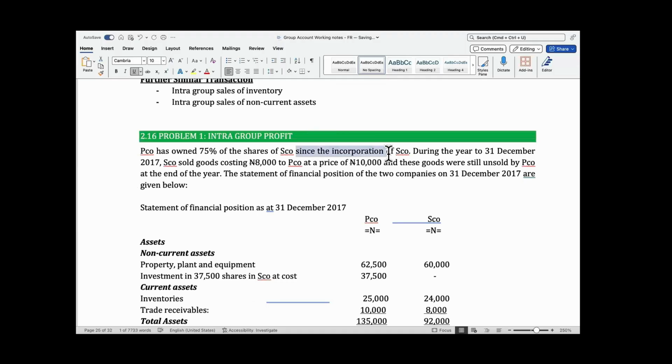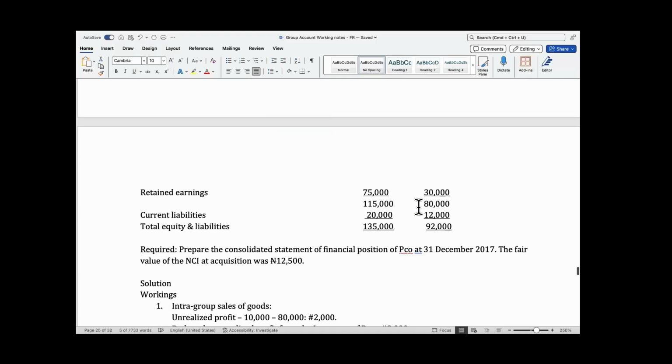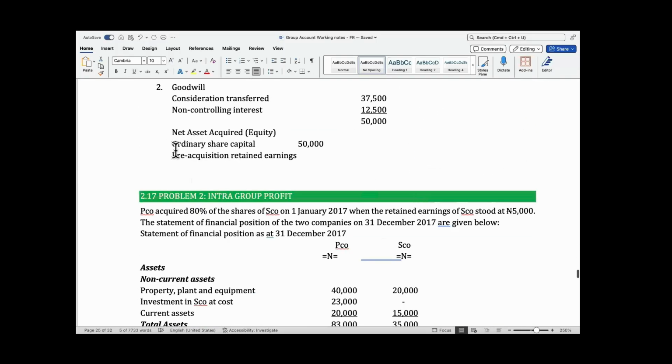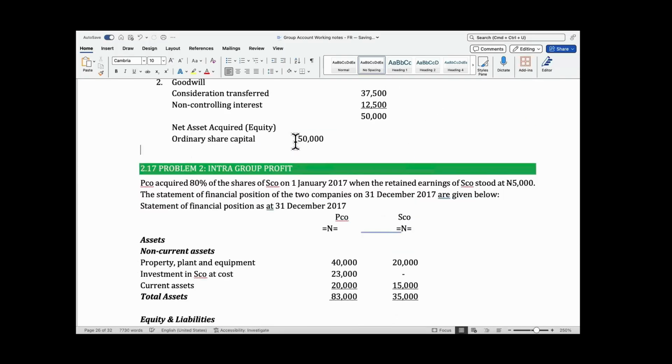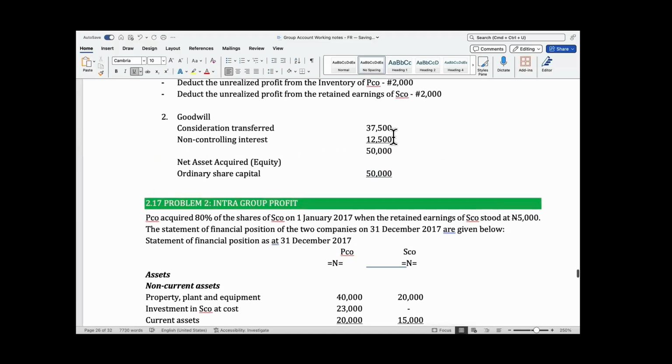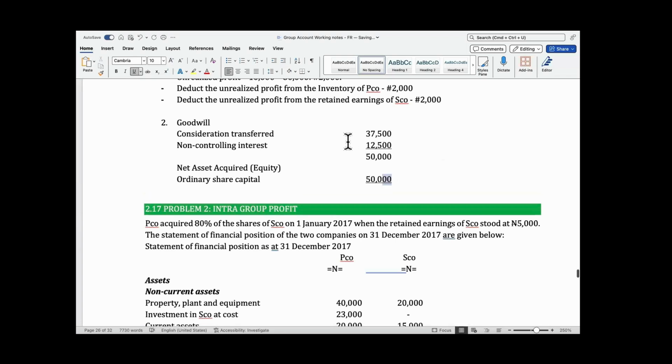Okay, he acquired ESCO Incorporation. That means there is no reserve as at that date. There is no pre-acquisition retained earnings. And in this case, we don't even have any goodwill because it cancels out completely.